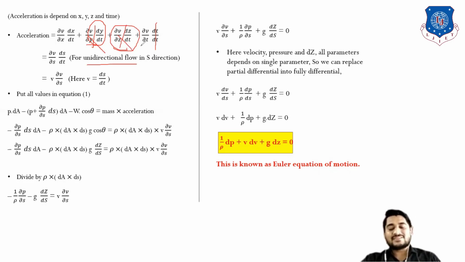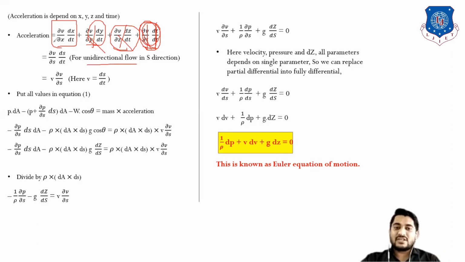We have taken the assumption here that flow is steady flow. So derivative with respect to time is also zero. So for steady flow, del v by del t also got cancelled. So the remaining term is this del v by del x dx by dt, right? Here our flow is in the s direction, not in the x direction.